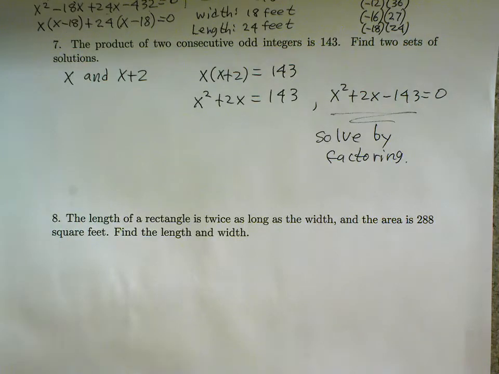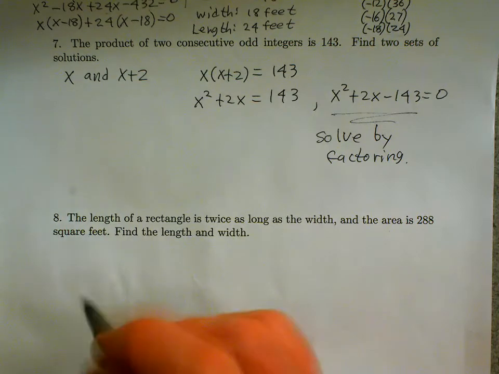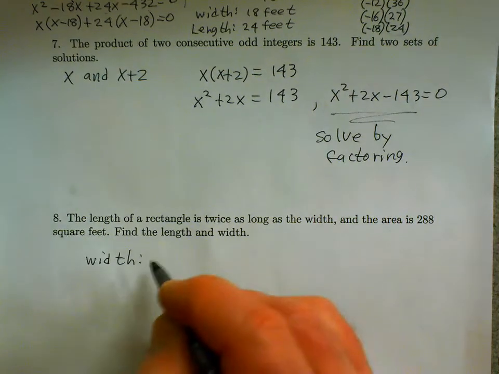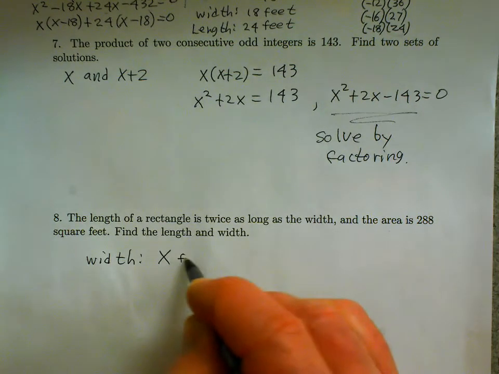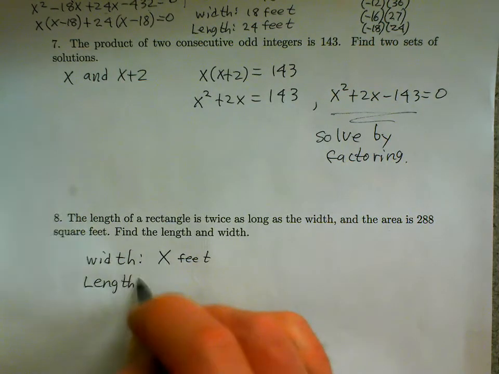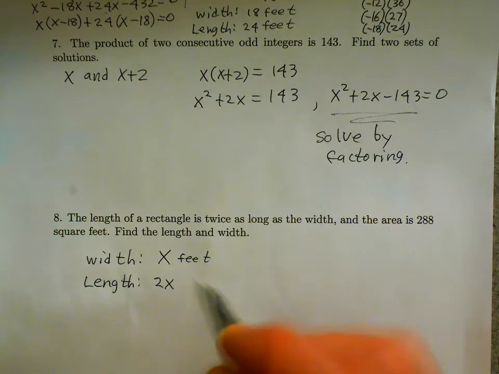Okay, we still have a few seconds left. On the next one, number 8, the length of a rectangle is twice as long as the width, and the area is 288 square feet. So if we assign the width to be x feet, and the length is twice as long as the width, then the length is 2x feet.